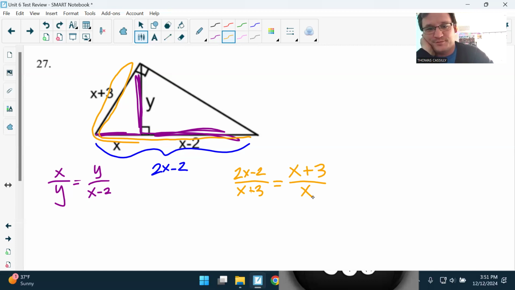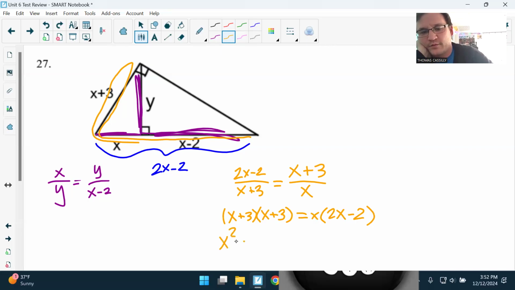So let's go ahead and cross multiply this. I got x plus 3 times x plus 3 is going to be equal to x times 2x minus 2. So that's x squared plus 6x, skipping a step in there, plus 9 equals 2x squared minus 2x.